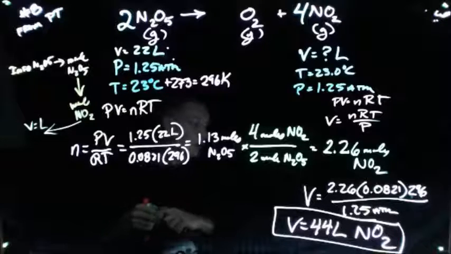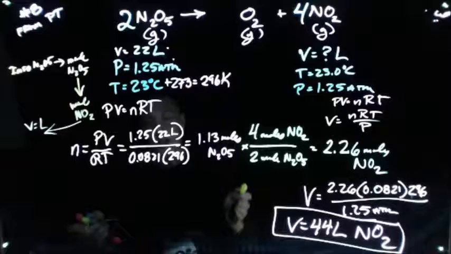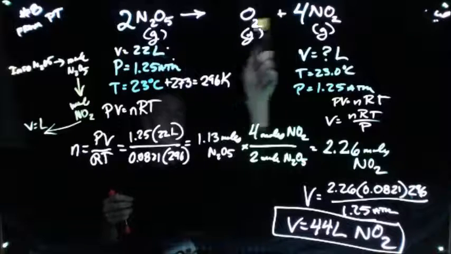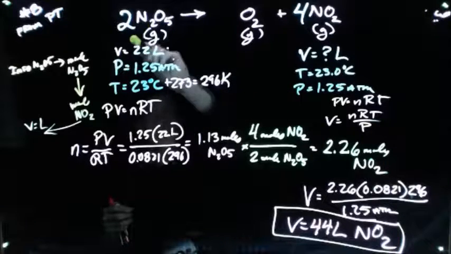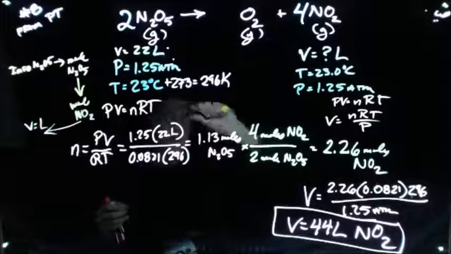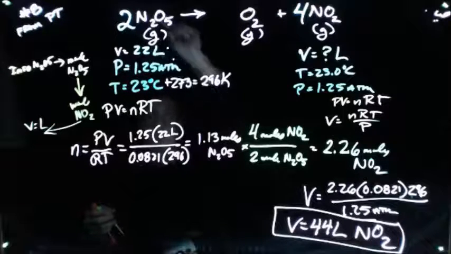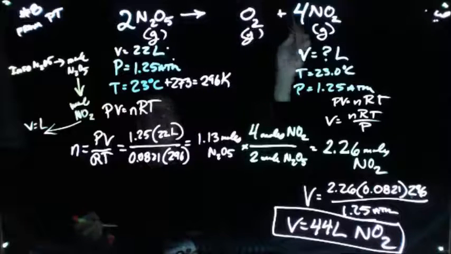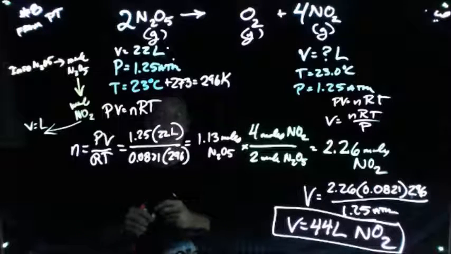So when you're looking at gases at the same pressure and temperature, you can read this balanced equation rather than 2 moles of N2O5, 1 mole of O2, 4 moles of NO2, as 2 liters of N2O5, 1 liter of oxygen, 4 liters of NO2.